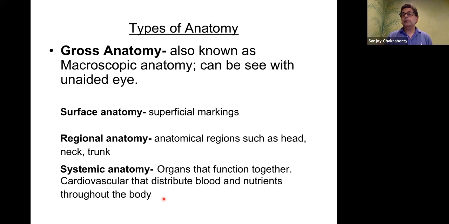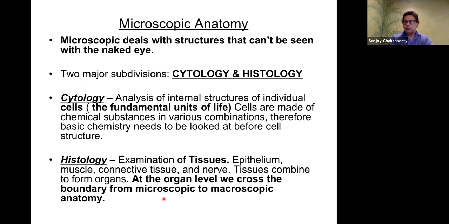Or we can call it clinical anatomy. For example, you have a bump here, and to show that bump, you go to a doctor. Those anatomical changes we can refer to as clinical anatomy, and so on. But by the way, you should know surface anatomy, regional anatomy, and systemic anatomy, and of course, the definition of gross anatomy.